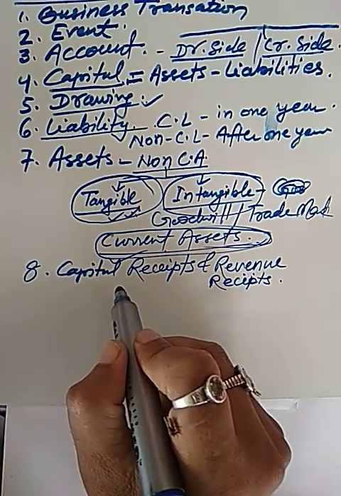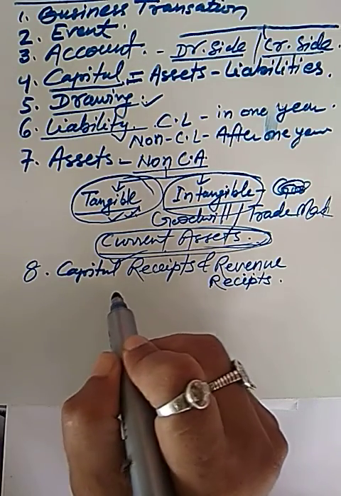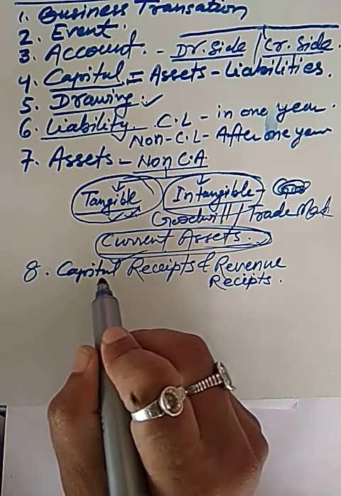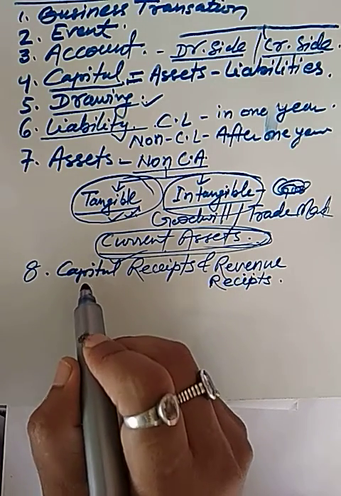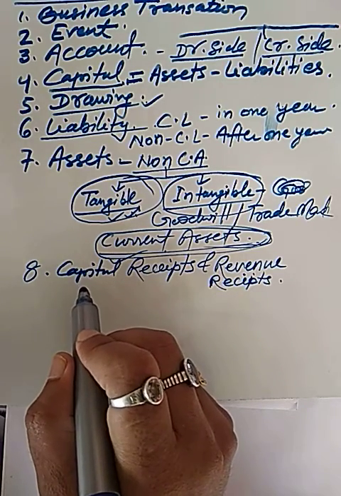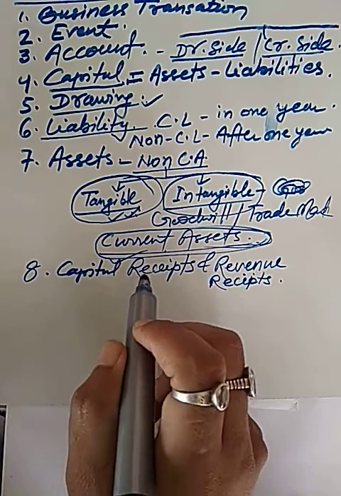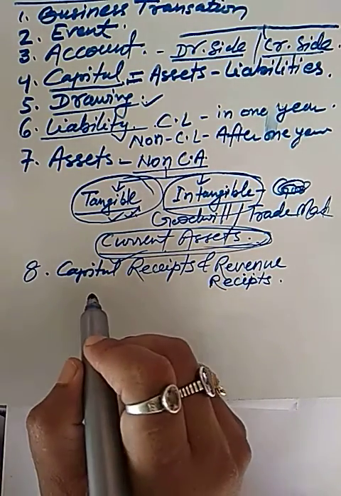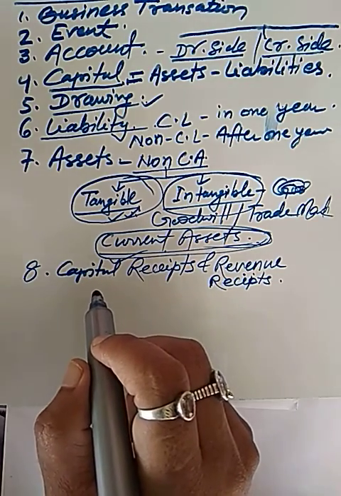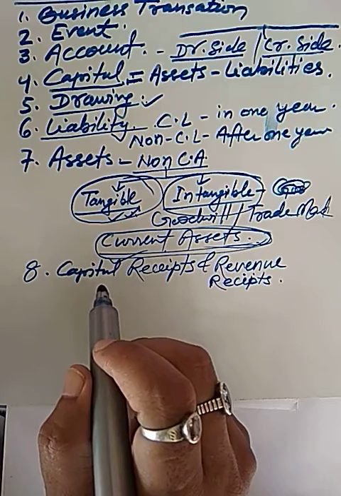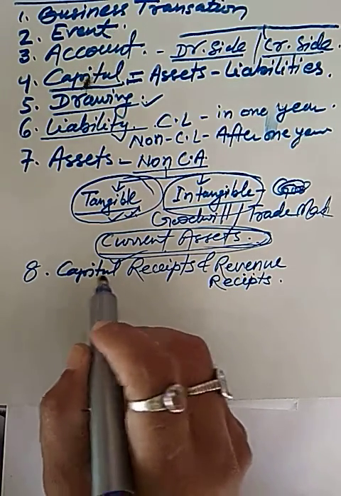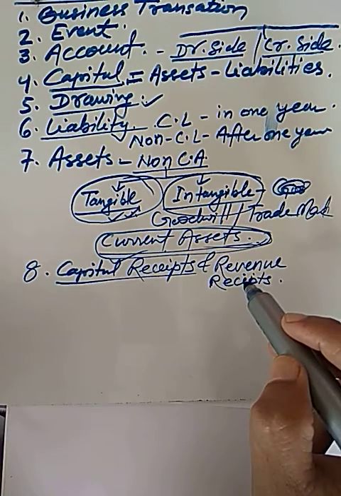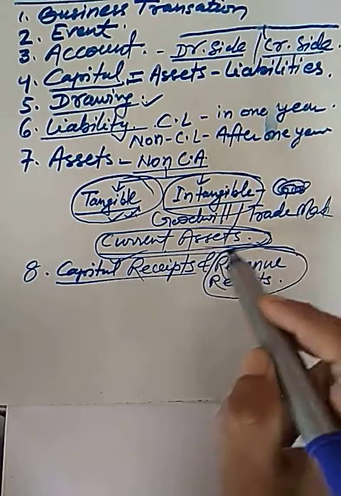Capital receipts. Examples of capital receipt are amount received from sale of fixed asset or investment, capital contributed by proprietor, partners, or money obtained from issue of share and debenture in case of company, amount received by way of loan from bank, etc. Money obtained from sale of goods will be revenue receipt.